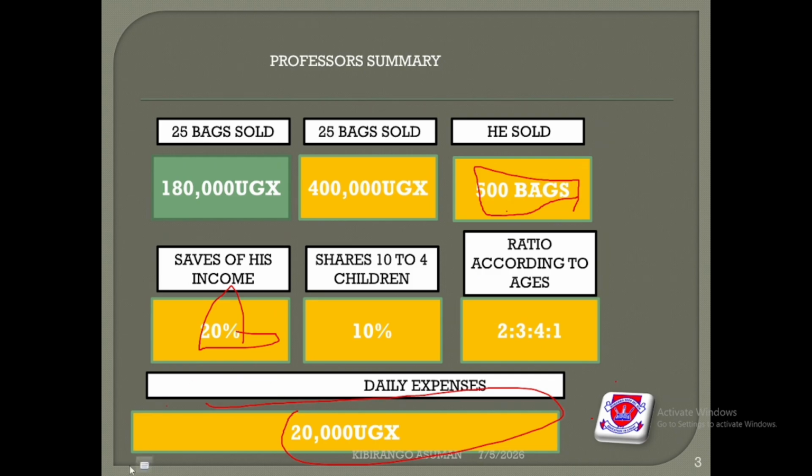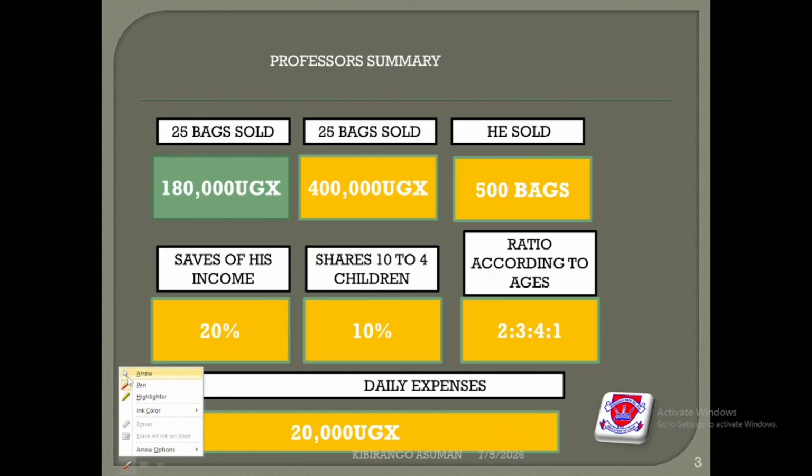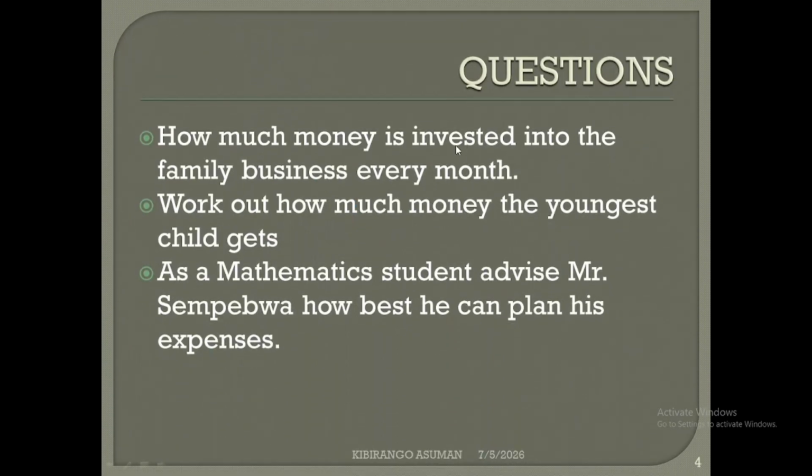To find out which questions this requires, you have to know different things. The first question is: how much money is invested into the family business every month? The next question is: work out how much money the youngest child gets.